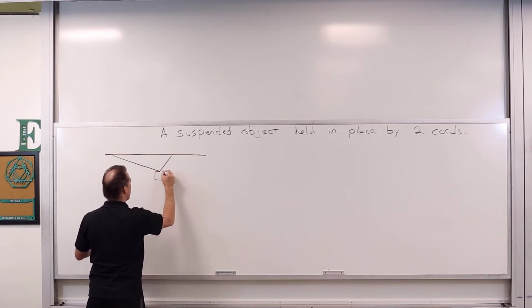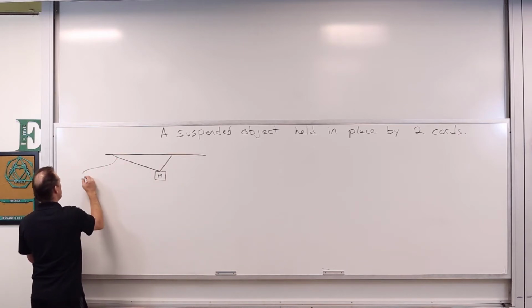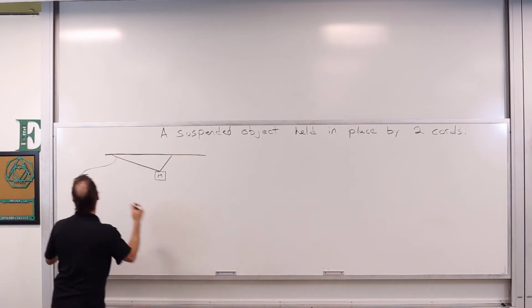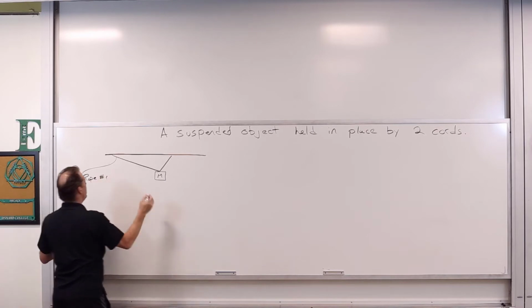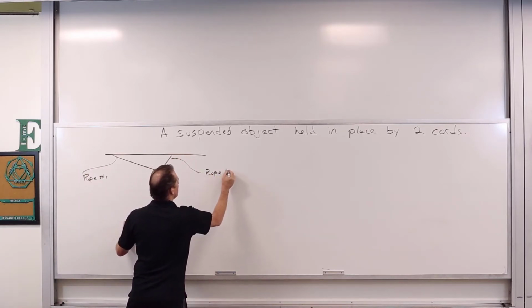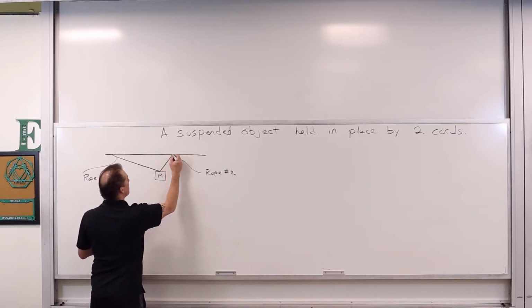I'll just draw something like that. Say we've got a mass, I was calling them cords. Cord one, I'm going to call it rope now. Rope number one, and then we've got rope number two. So it should be connected up here.